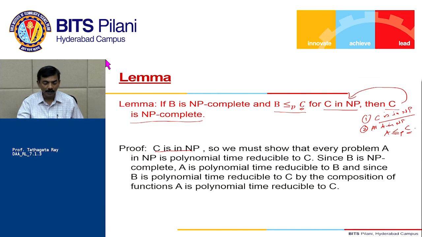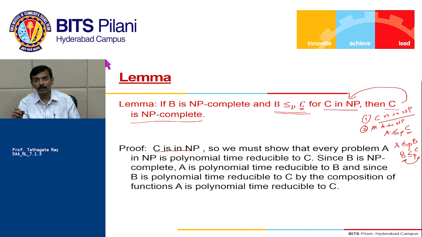Now we know that B is NP complete, which means that all the problems in NP are definitely polynomial time reducible to B, because B is a known NP complete problem. Once I reduce it to B, I also know that B is polynomial time reducible to C. That means given a particular instance of B, I will use this polynomial computable function f to get an instance of C, which I can solve, right?